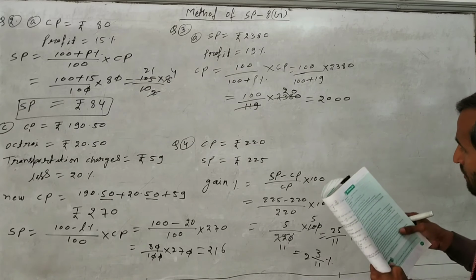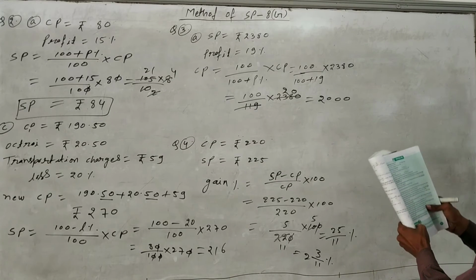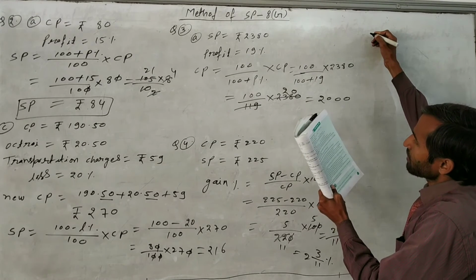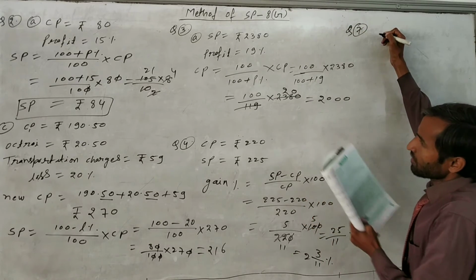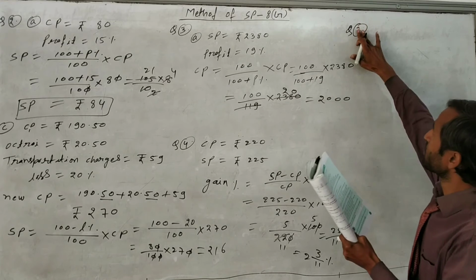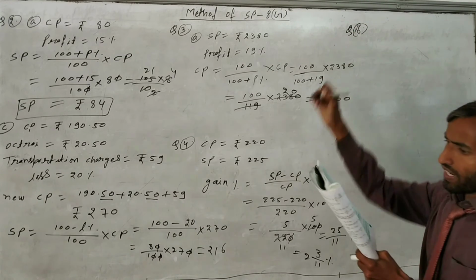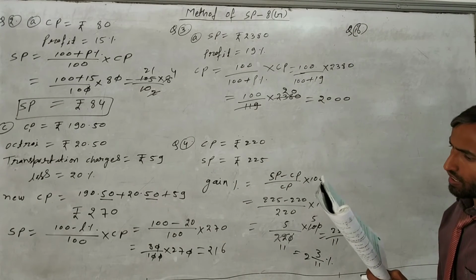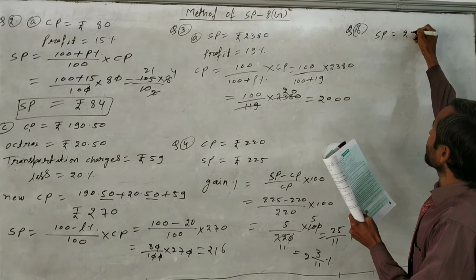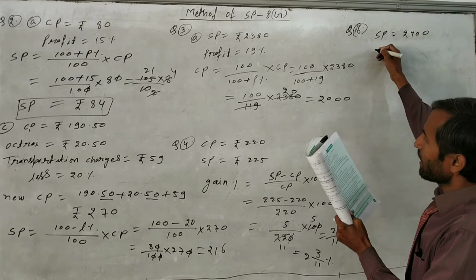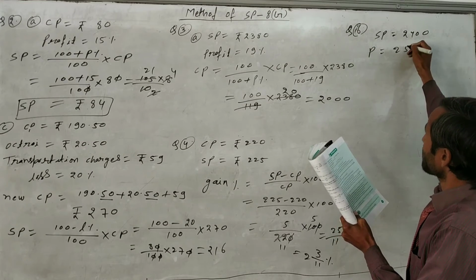So first of all, just find CP here, because that is what the question gives us. SP is given as 2400 and profit is given as 25%.